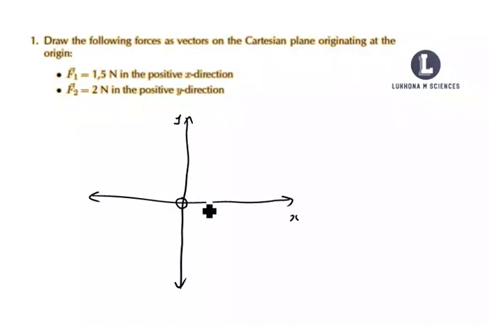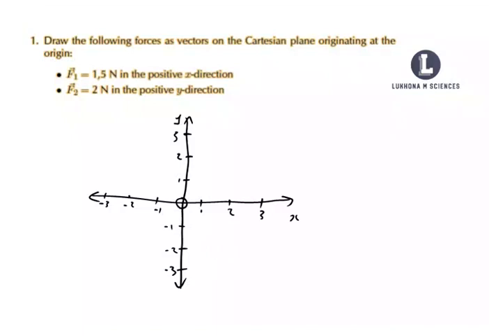We have positive 1, positive 2, positive 3, up to positive infinity, and the same going up the y-axis. But here we have negative numbers: -1, -2, -3, -4, up to negative infinity. Even here we have -1, -2, -3, up to negative infinity.